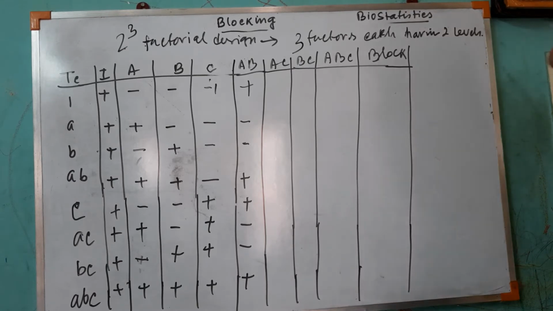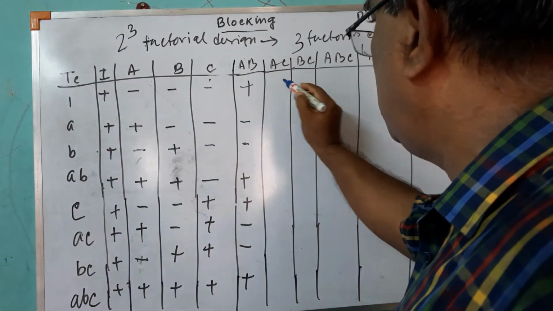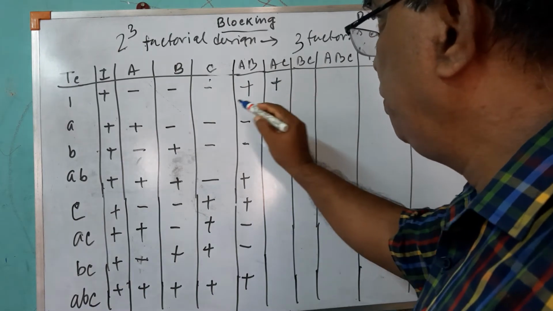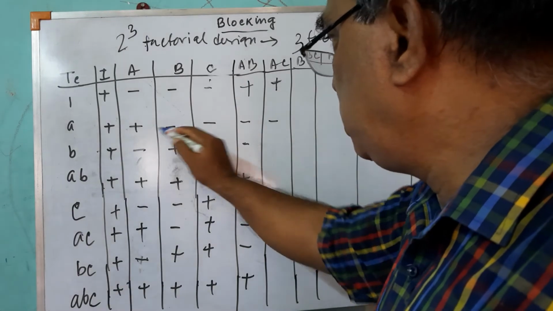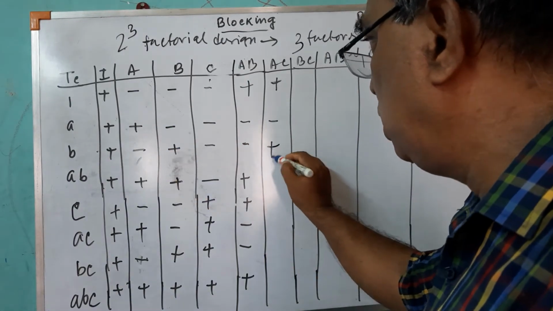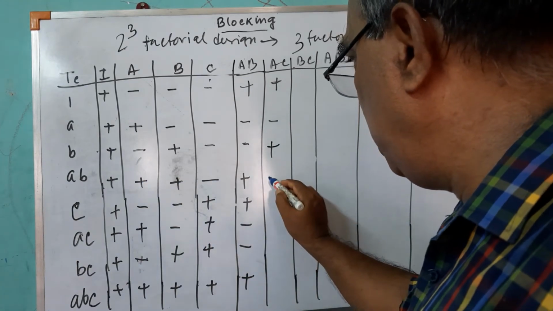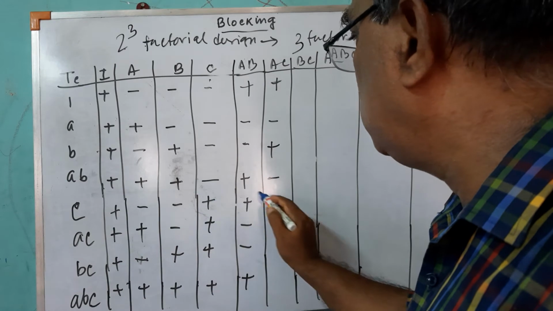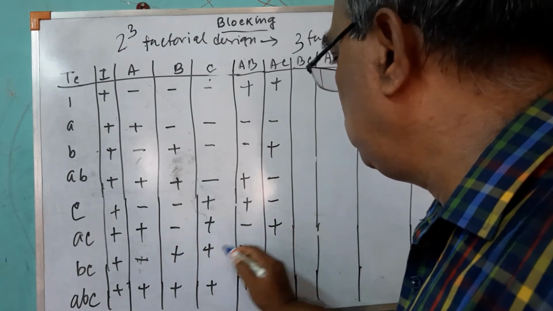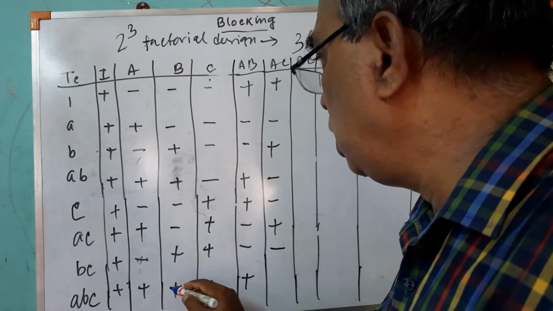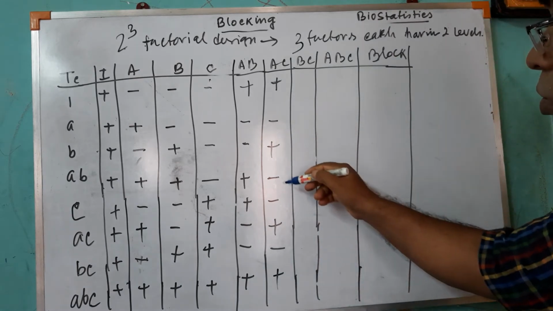Now AC. That means this into this. AC is plus here. Then this into this is minus, then plus, then minus, minus, plus, minus, plus. 1, 2, 3, 4, 1, 2, 3, 4.